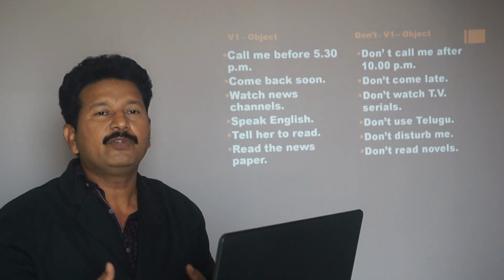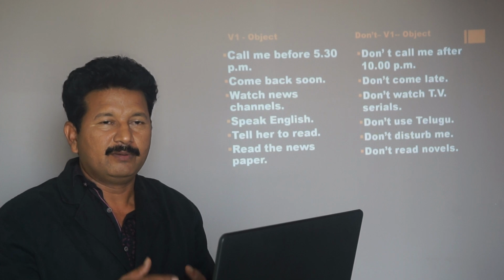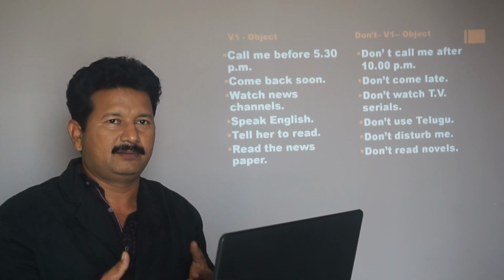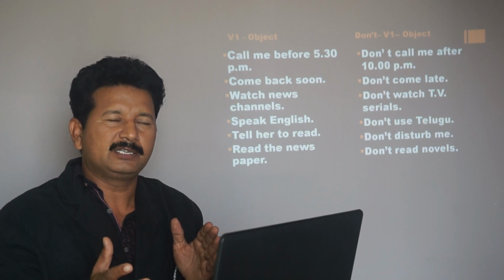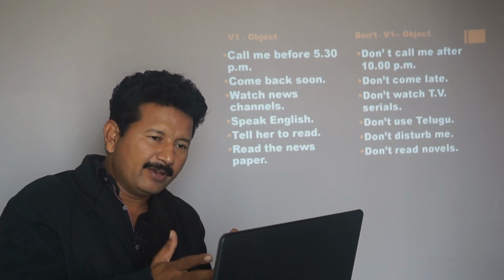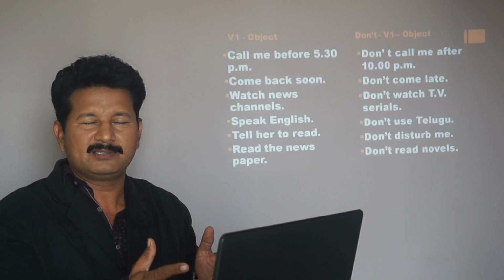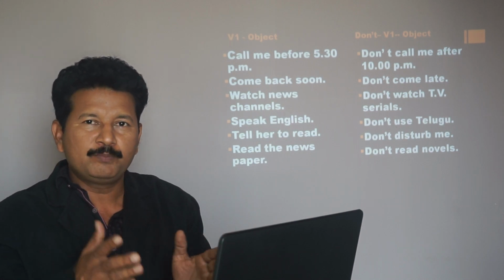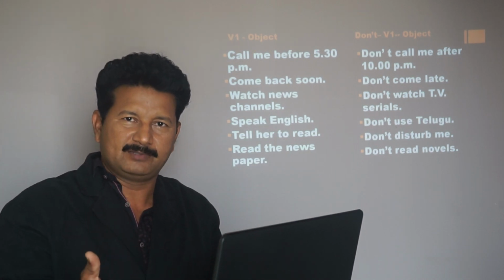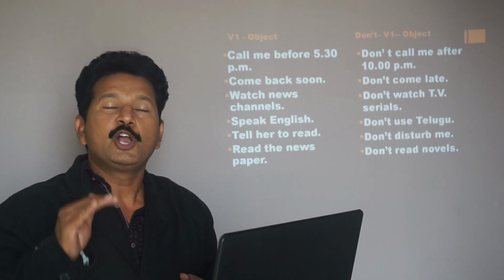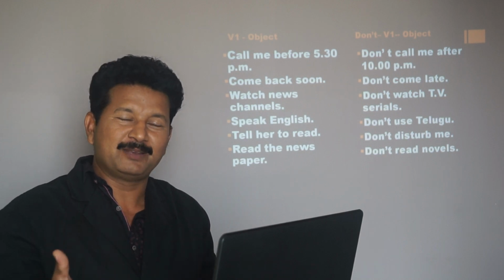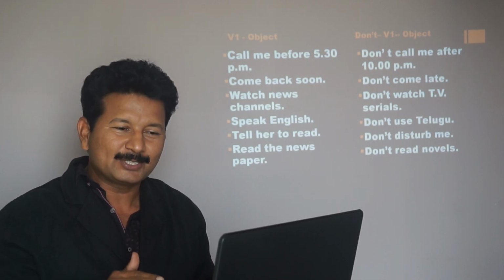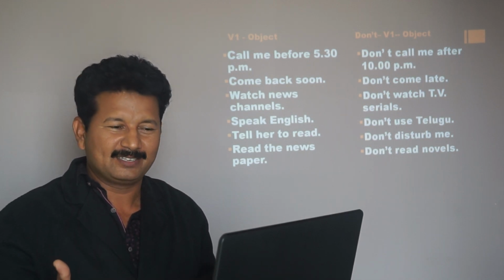Now let us see what are the various commands or requests we use. Initially you have to practice with V1 plus object for positive sentences and don't plus V1 plus object for negative sentences, right? And you can say, call me before 5:30, don't call me after 10 p.m. Come back soon, don't come late.